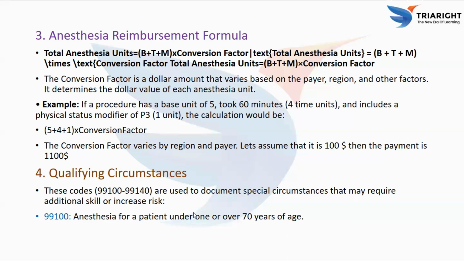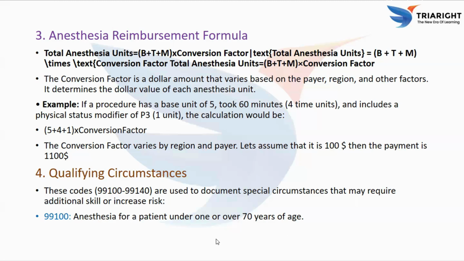So now what are the qualifying circumstances? These are the special add-on CPT codes which range from 99100 to 99140. These are used when anesthesia is more difficult or risky. These codes describe special situations but not the procedures. So 99100 is for anesthesia for a patient under 1 or over 70 years of age.